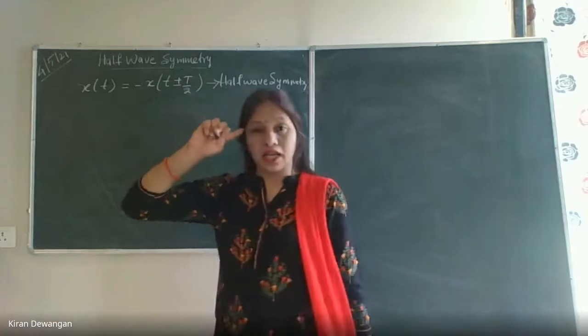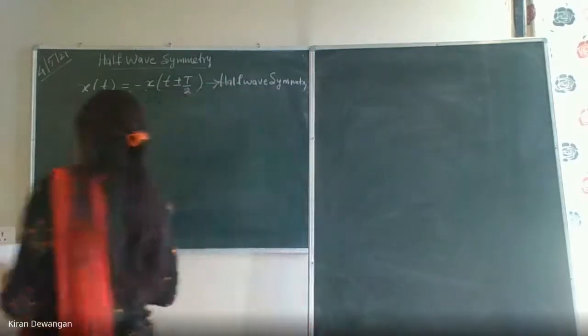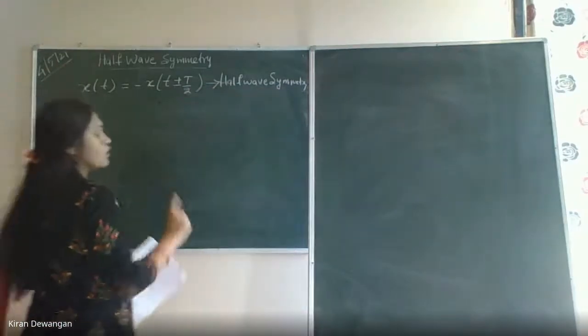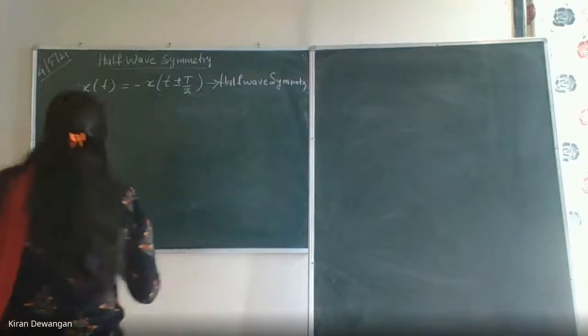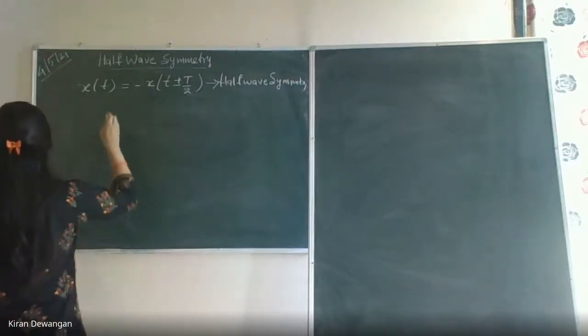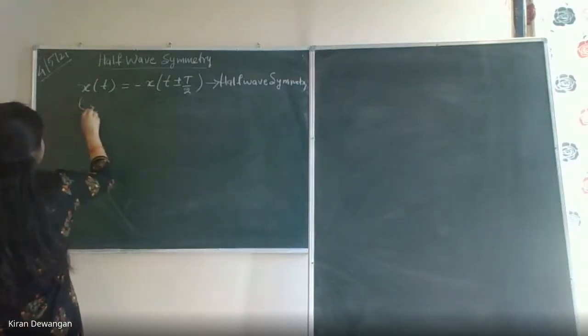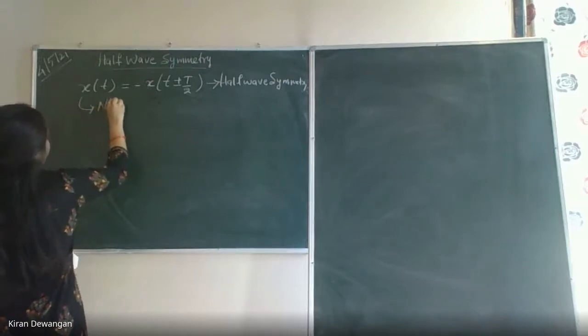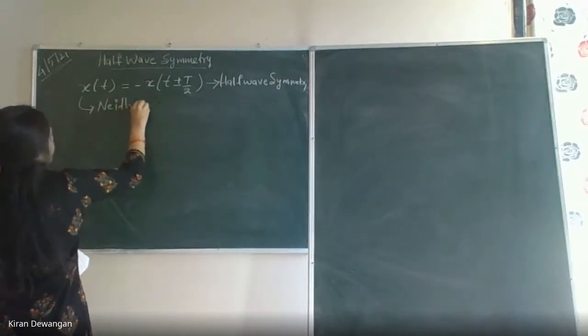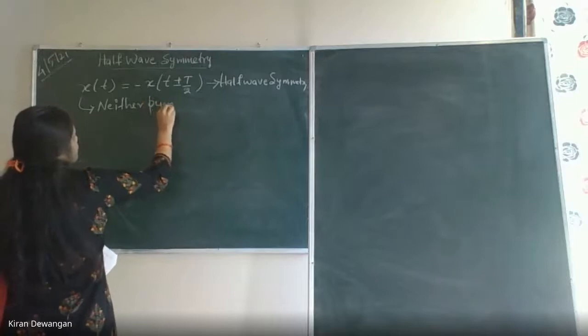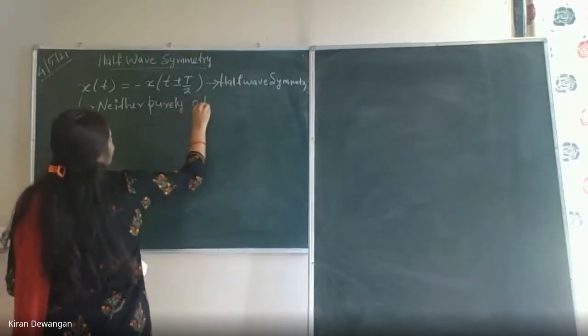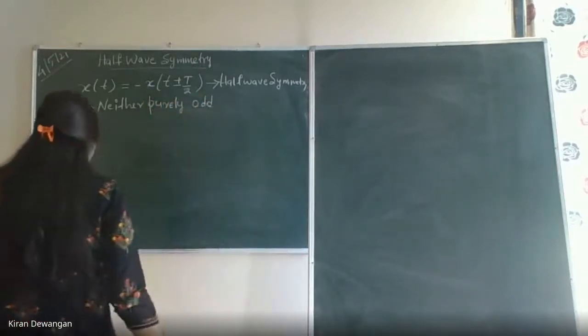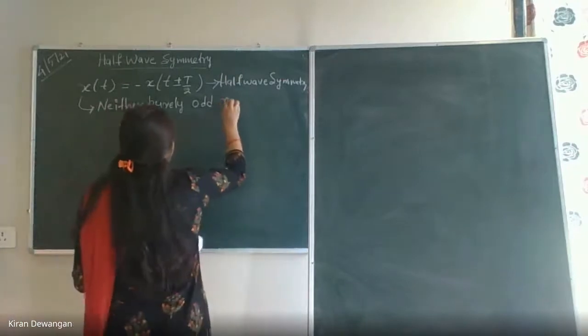So if it is satisfying this condition, how can we think of this condition? Let us first go into the conditions. The function having half wave symmetry is neither purely odd nor purely even.